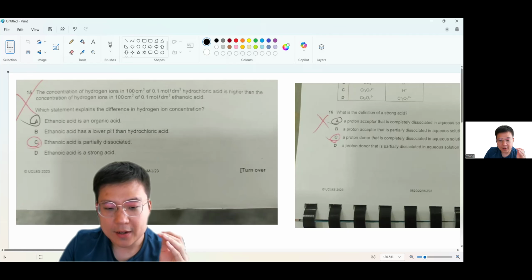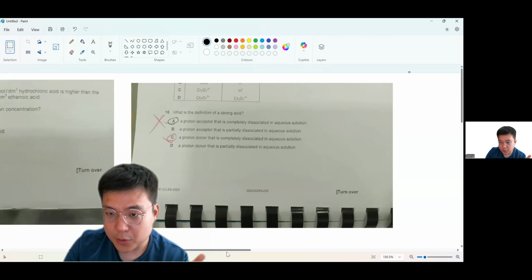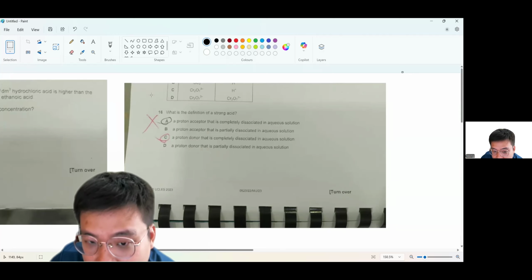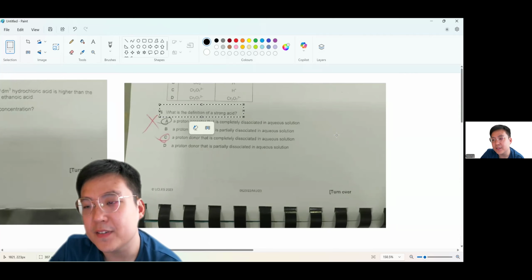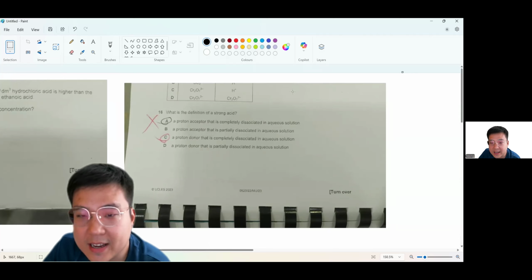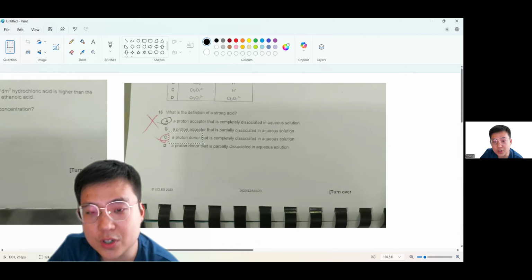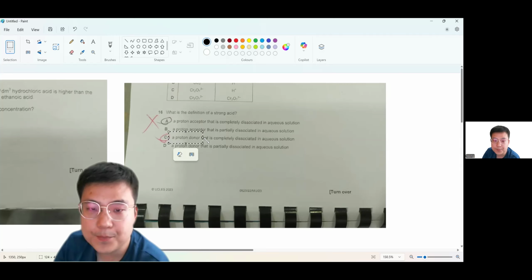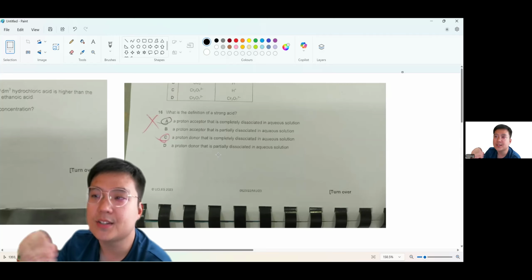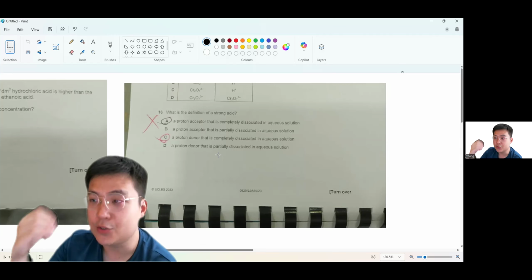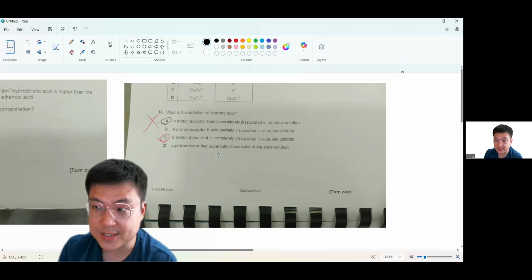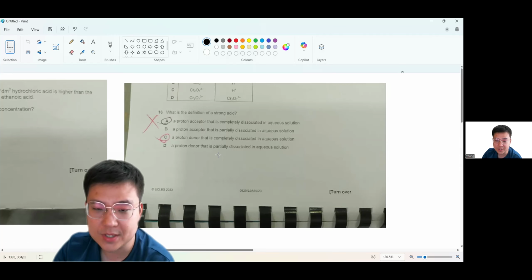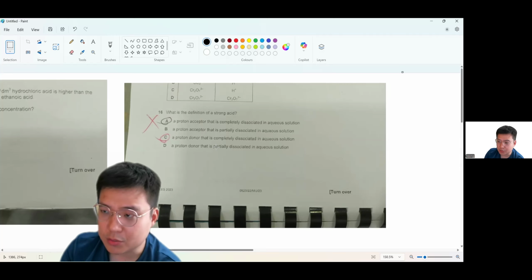And if we go over to question 16, here they ask another question: what is the definition of a strong acid? The answer is a proton donor, which is something else that the student has to memorize or understand, that an acid is a proton donor because it donates the H plus, the hydrogen ion with the positive charge.